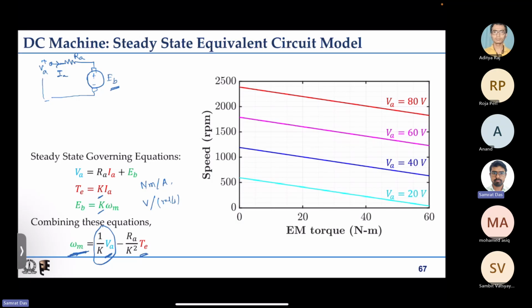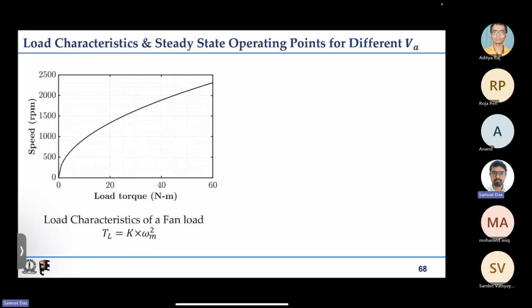In this case the speed omega m has been plotted along the y-axis, and the electromagnetic torque developed by the motor along the x-axis. So Va by k is the y-axis intercept of the straight lines.